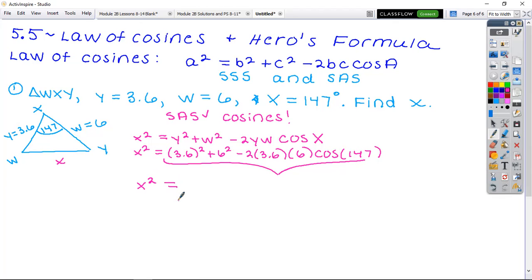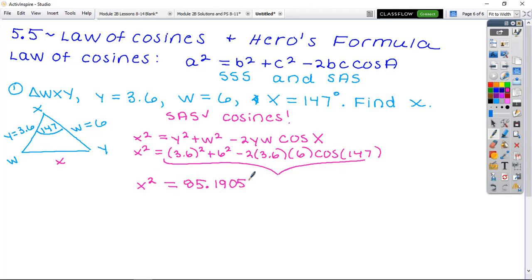So in your calculator, I got like 85. Okay. So 85 point. And again, you don't have to write this on your paper, if you want to just keep using your calculator instead.